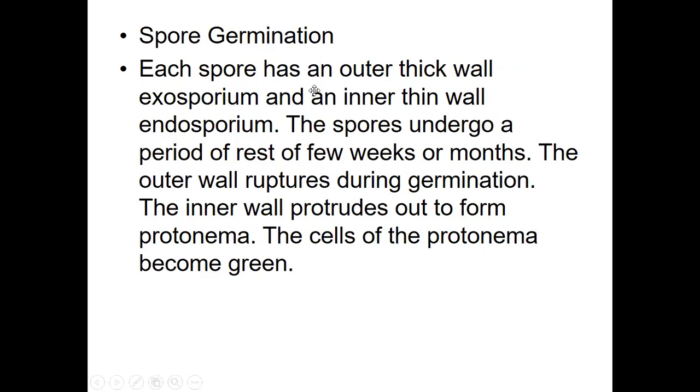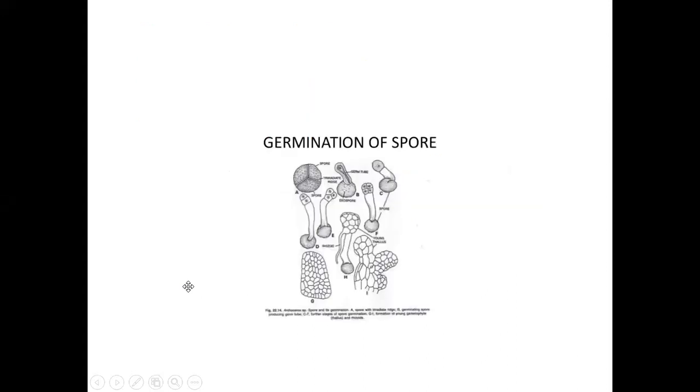Okay, so when the spores are liberated from this matured capsule, each spore has an outer thicker wall, which is called exosporium, and an inner thinner wall, which is called endosporium. Now the spores undergo a rest for a period of time. Then the outer wall ruptures during germination, and the inner wall goes on to form a small filamentous structure, which is called protonema.